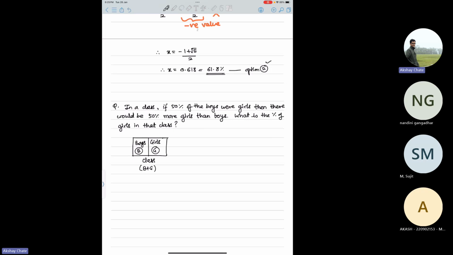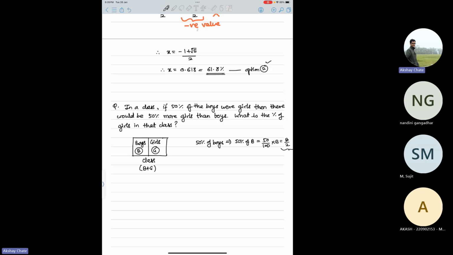Now the first statement says that in a class, if 50% of the boys were girls, so what is 50% of boys? 50% of boys is nothing but 50 percentage of B, which is equivalent to 50 by 100 into B, or nothing but B by 2. So what they are saying is, if B by 2 boys were girls, then there would be 50% more girls than boys.